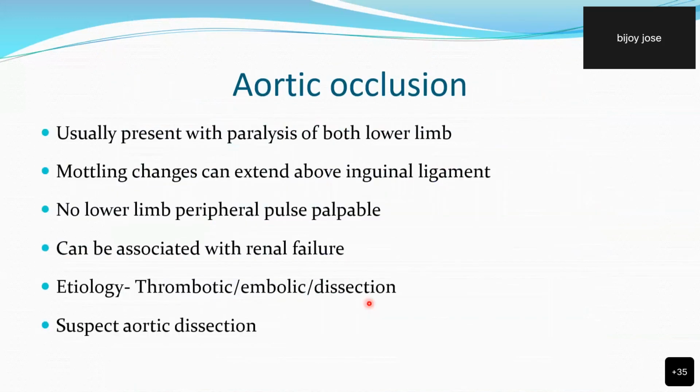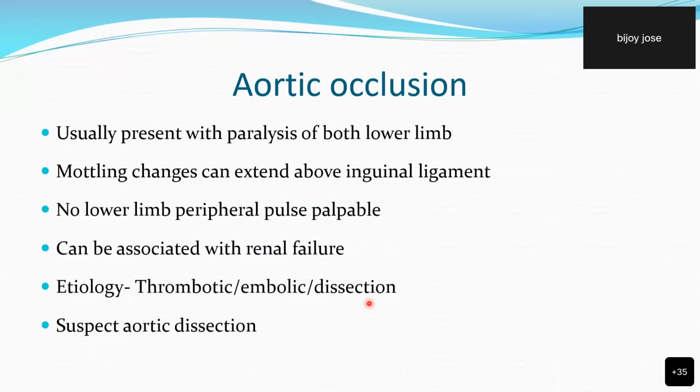I am coming to a few specific conditions and how you manage a patient who presents with them. A patient with acute limb ischemia, and on evaluation we find the patient has aortic occlusion. Usually this patient presents with paralysis of both lower limbs, and mottling changes can extend above the inguinal ligament.